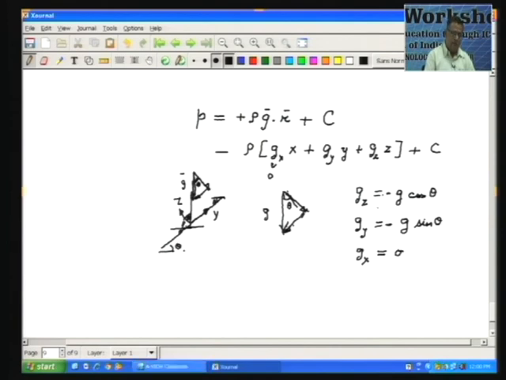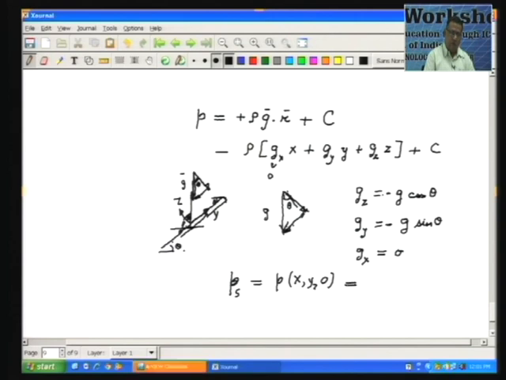Now, what we want is the pressure on the surface. So, this is the top surface of the plate. P s is P of x y 0, z equal to 0, because the top surface is described by z equal to 0.